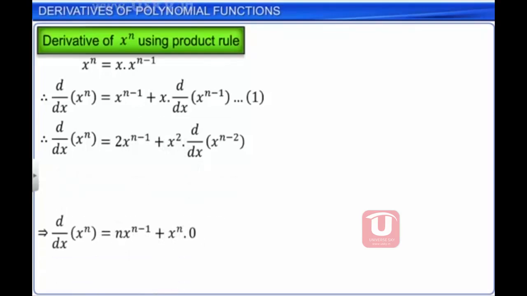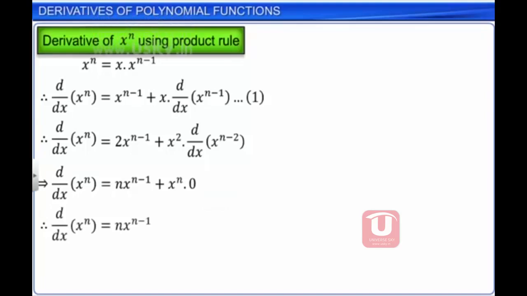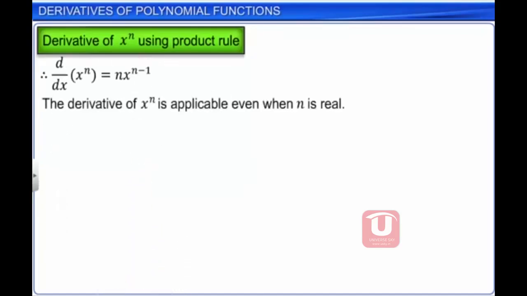Therefore, the derivative of the function x power n is equal to n multiplied by x to the power of n minus 1. This is applicable even when n is real. As an example, let's find the derivative of the function f of x as shown here.